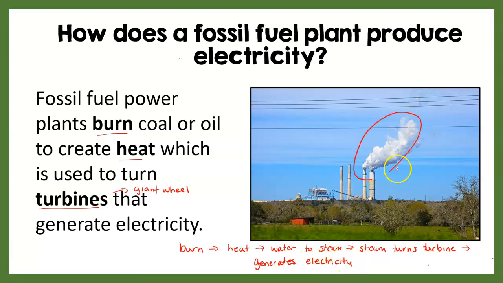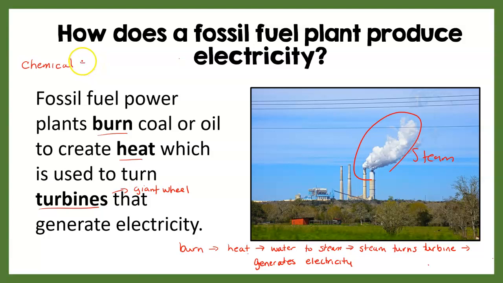Okay? This right here is steam that is coming off of this coal burning plant. Now, we know that energy cannot be created or destroyed. We know that from the last one. So how does this get transferred? It can only be transferred from one type to another. So basically, we start off with chemical energy. That's the oil.